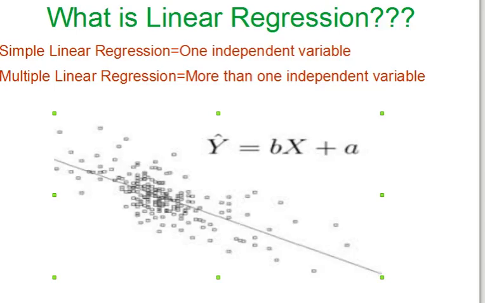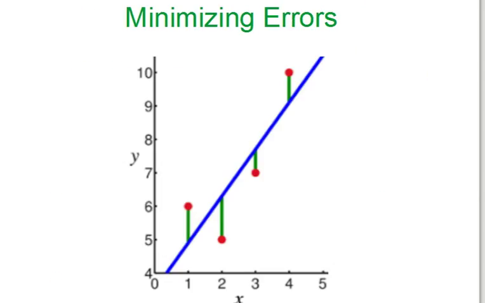There is not a one-to-one mapping of x and y. So for a given value of x, you get many values of y. For the distribution of y, you have a mean and a standard deviation. So when you are doing a linear regression, you try to predict the mean value of y for a given value of x. That is one thing.